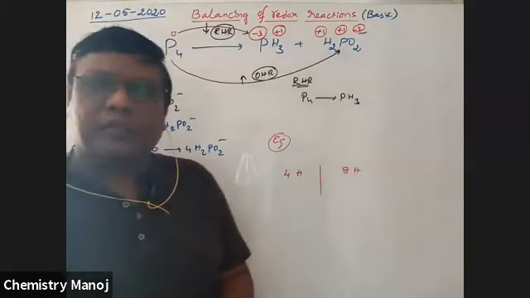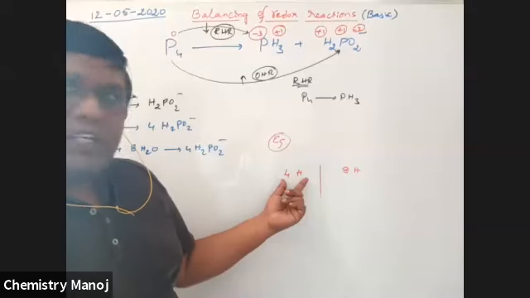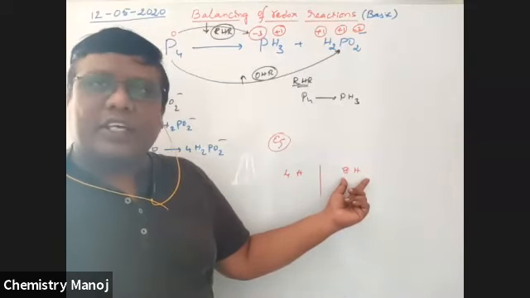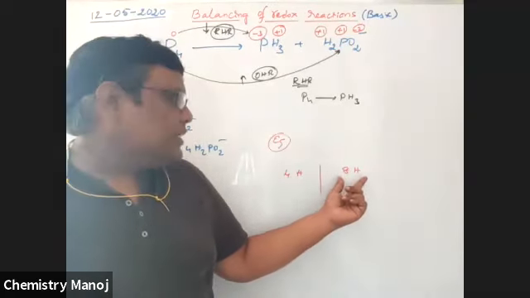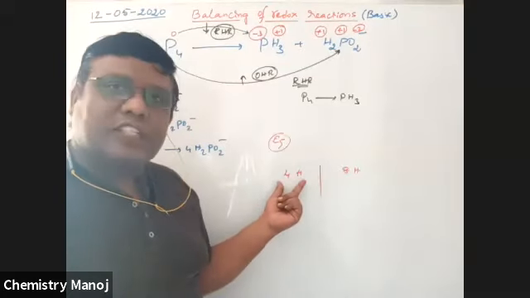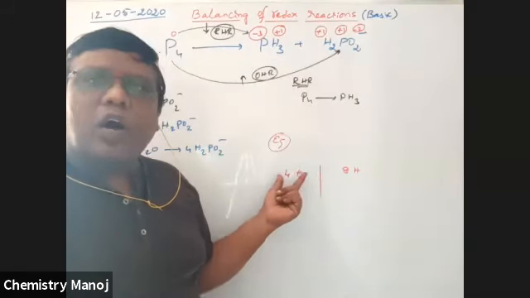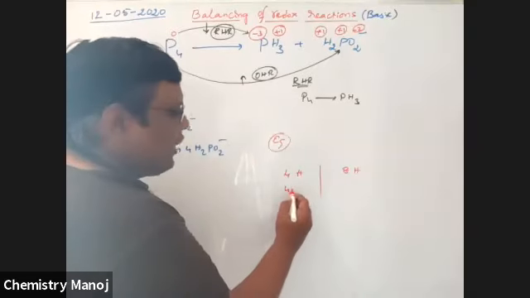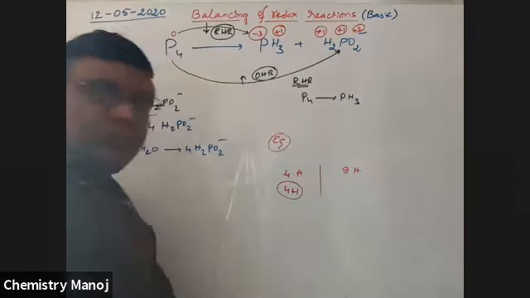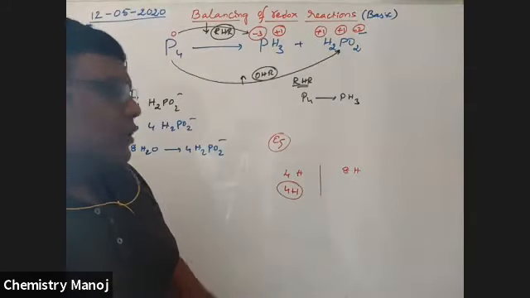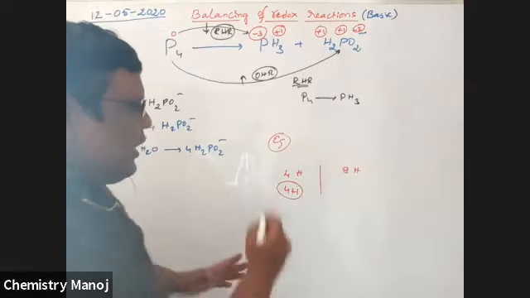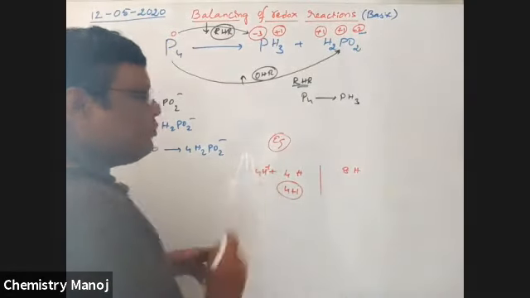So where is the shortage? LHS. How many hydrogens are short? 4 hydrogens are required. So in acidic medium, here 4 H plus are added.